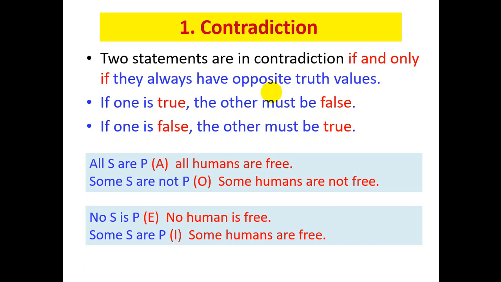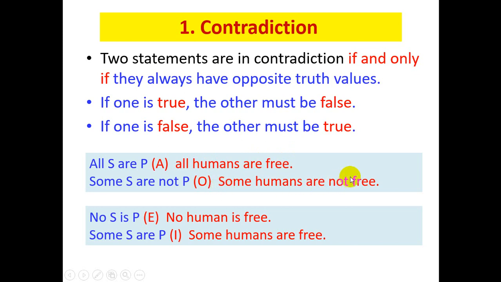Let's have an example. All S are P, something like all humans are free. Then, some S are not P, here, some humans are not free.